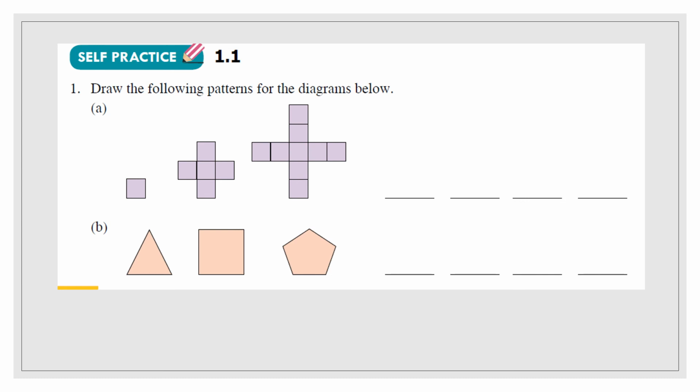So, after our lesson today, I want you to do self-practice 1.1. Copy the question, draw the picture, and complete the rest of the pattern. How are you going to do it in the exercise book? First, use a small square book.